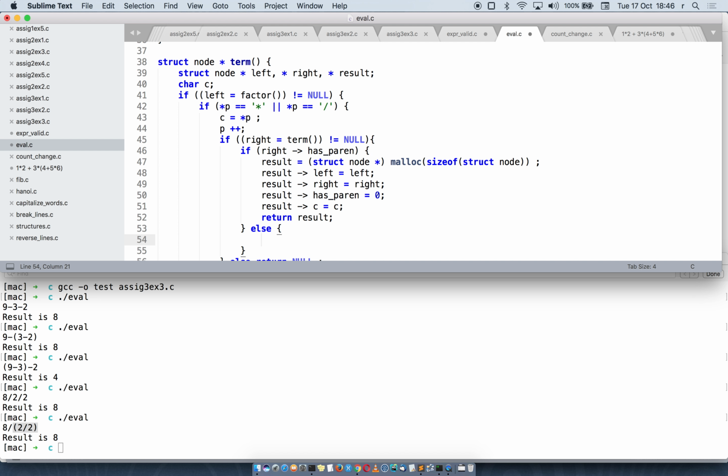So now there's a very interesting situation. So I have 8 divided by 2 divided by 2, right? So currently I have this node coming on the left, all right?